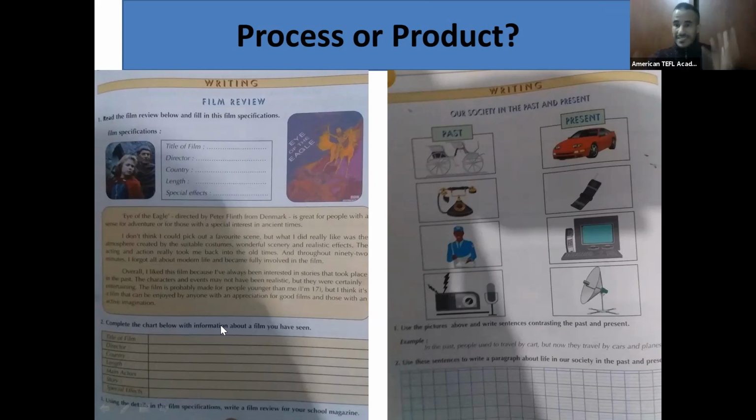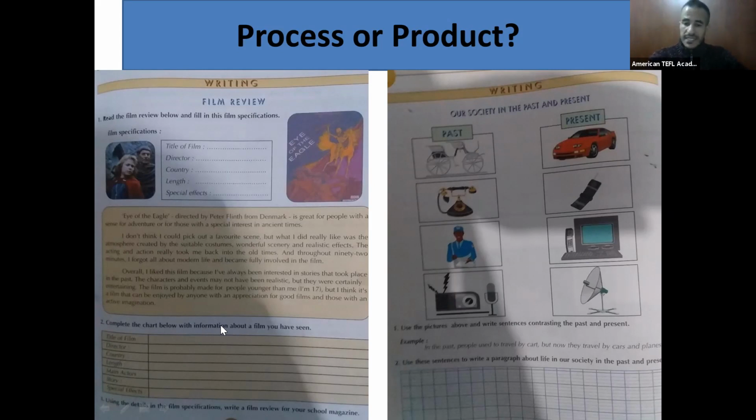Now the difference is this: product writing, the teacher gives you a sample from the very beginning. Process writing, the students are going to write and give you the paragraph or the essay, etc.